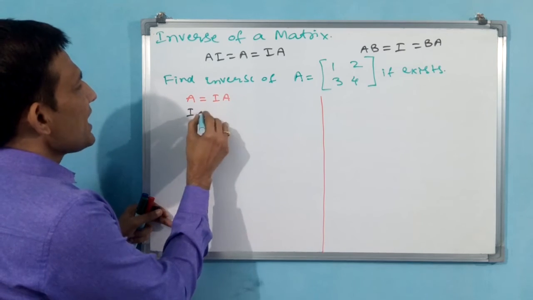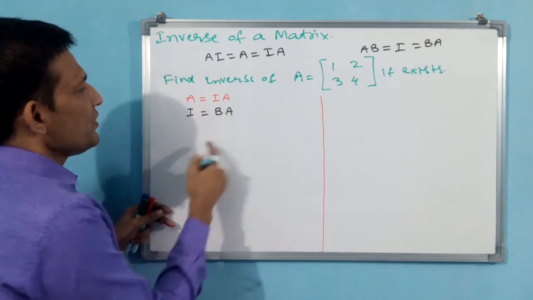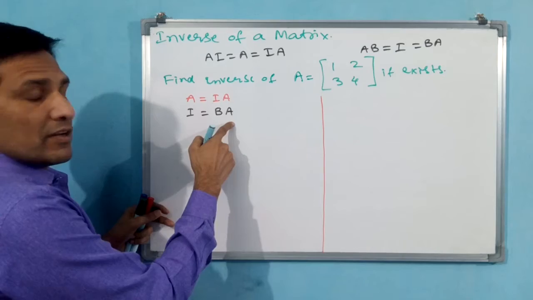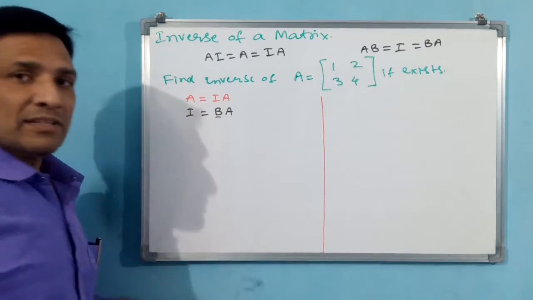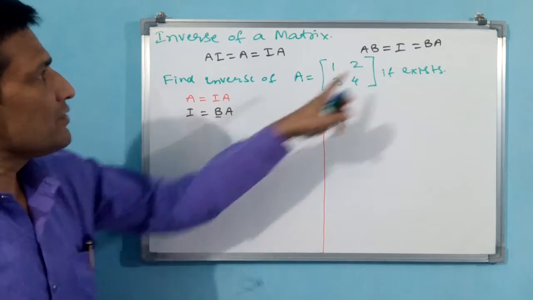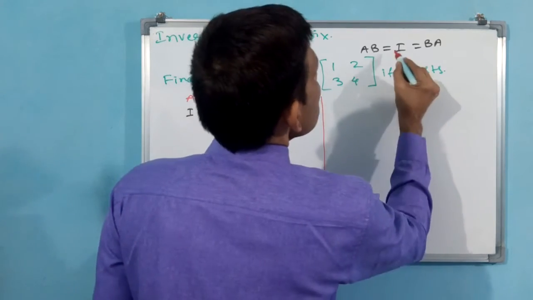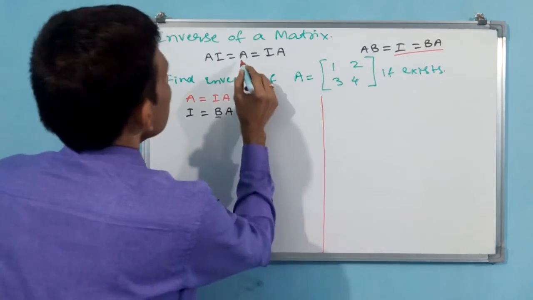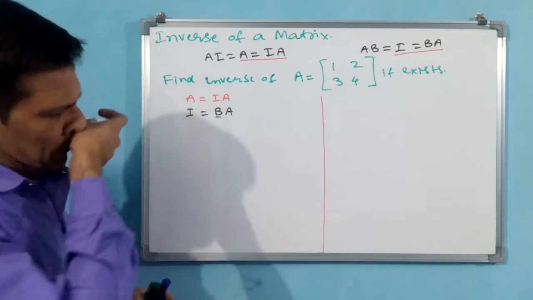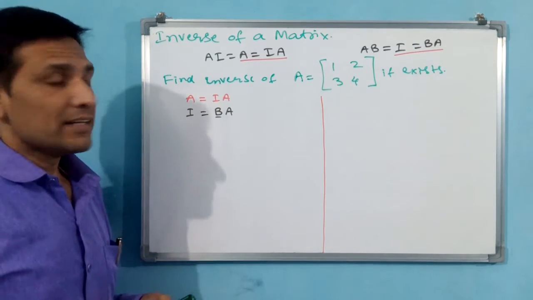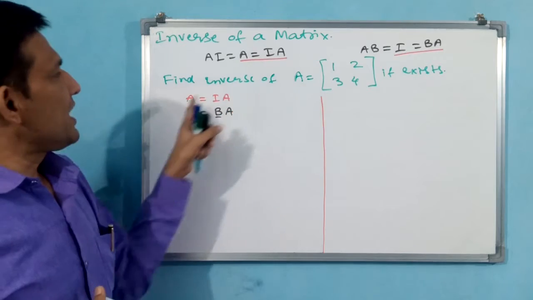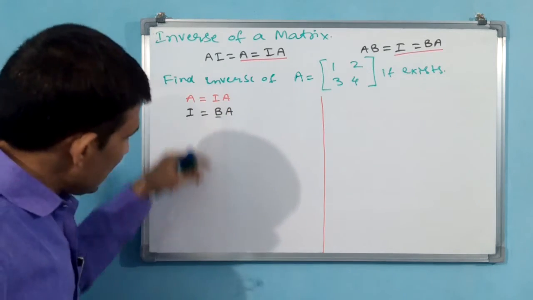Finally, if here I comes and here B comes with A, can we say that B is the inverse? Definitely the inverse. You see, I is equal to BA. Up to here only I am taking. Do you understand? A is equal to IA I have taken, and finally I have modified.